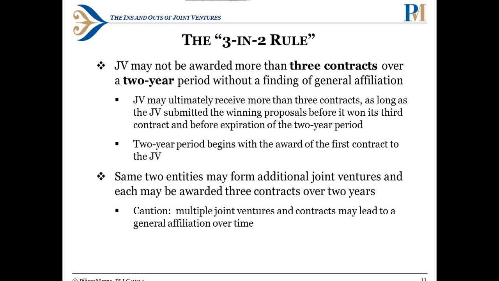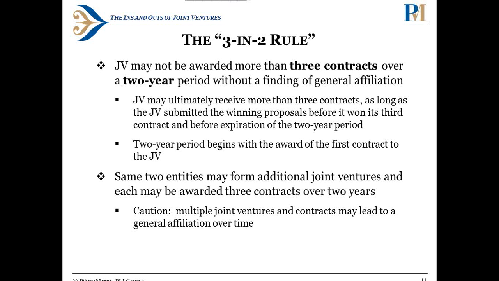But what this really means is that if you're in a joint venture, when you get your first award, not first proposal anymore, that was the old rule, when you get your first contract award, your 2-year period starts to run. And during that 2-year period, you can submit as many proposals as you want until you win your 3rd award, or until expiration of 2 years from the date of the first award.